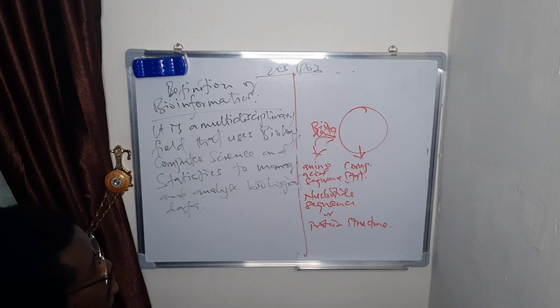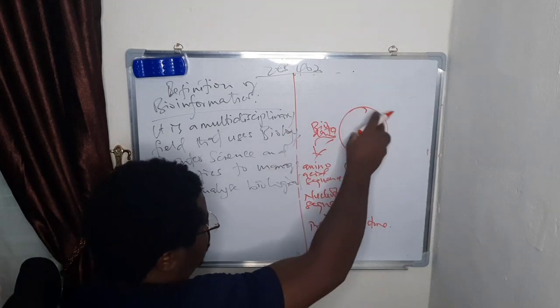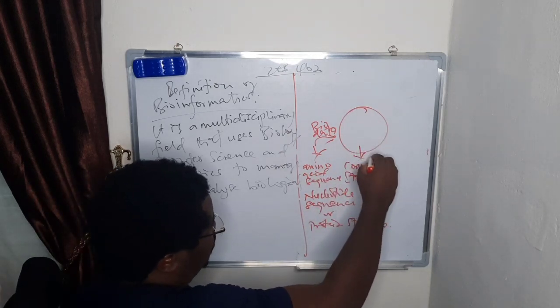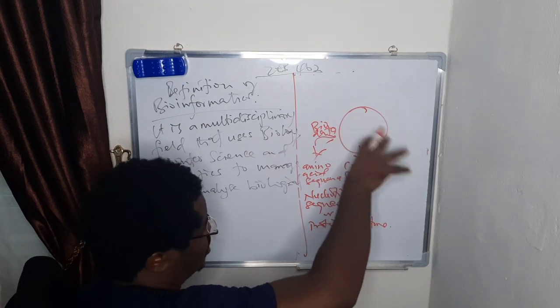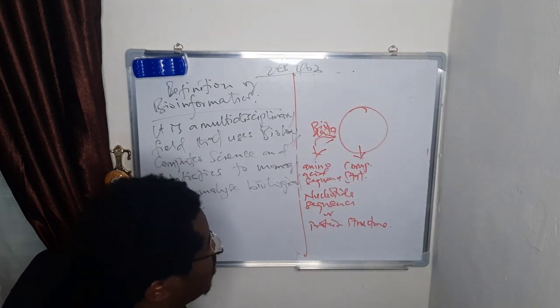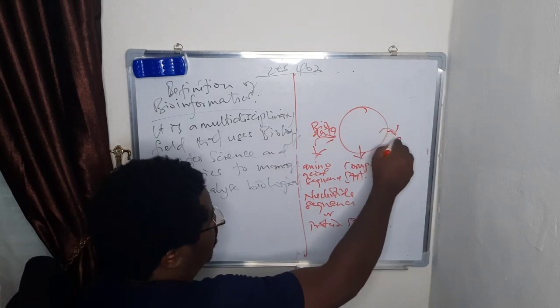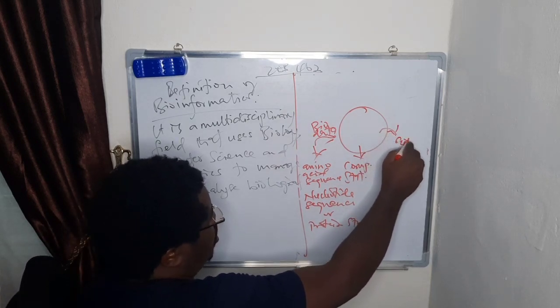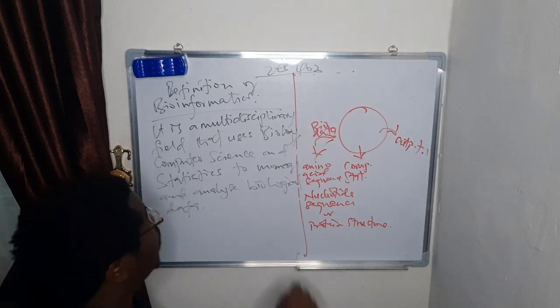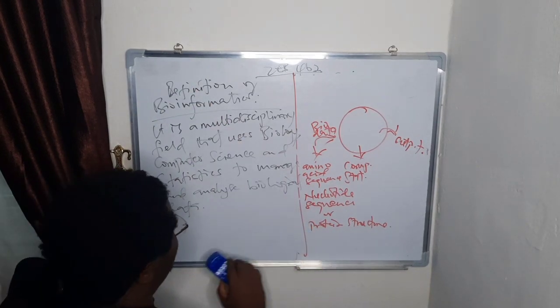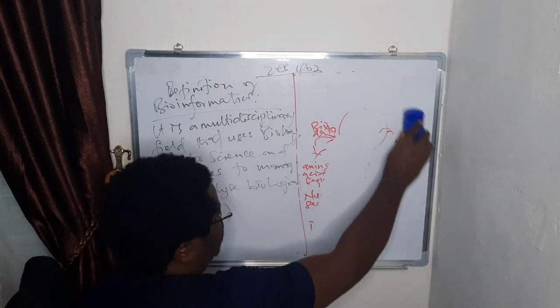But for the purpose of this topic, we are just dealing with amino acid sequence and nucleotide. When you feed it into the computer, it will interpret it depending on the type of algorithm, do the statistical analysis and produce an output. That is all for the definition.